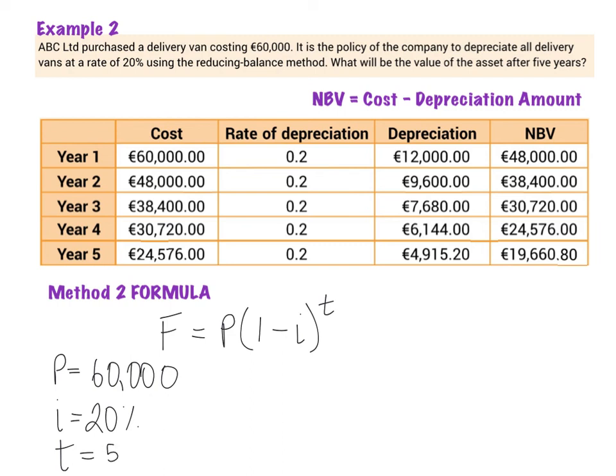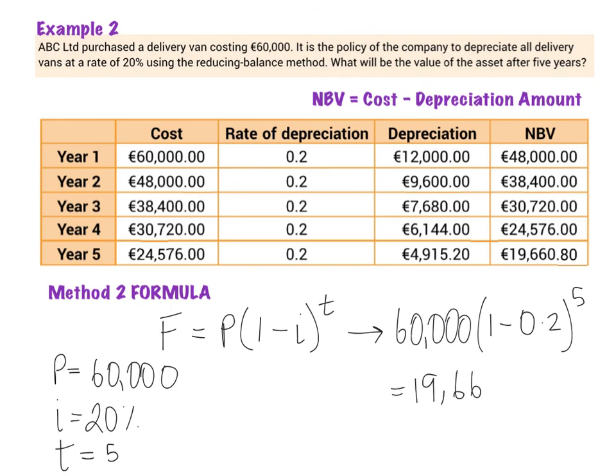So simply fill in this formula. You've got 60,000 times 1 minus 0.2 to the power of 5. Pop that into a calculator and you're going to come out with exactly 19,660.8.